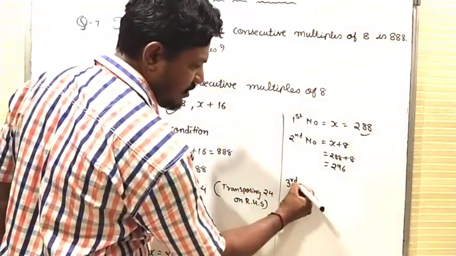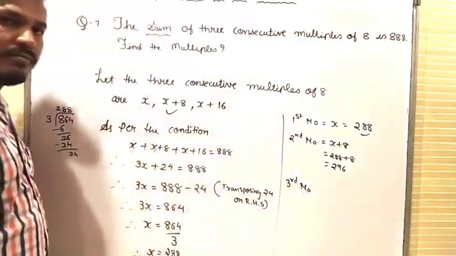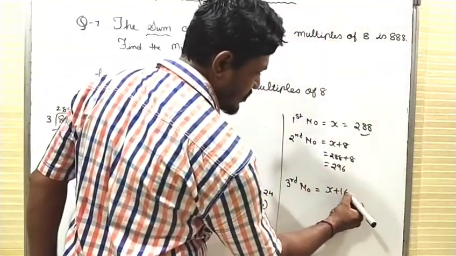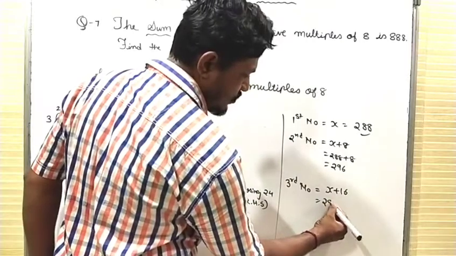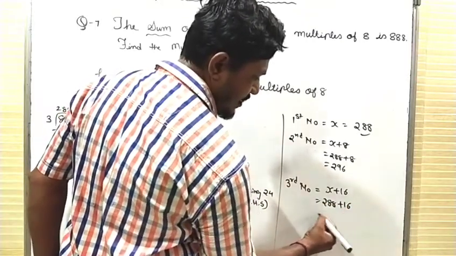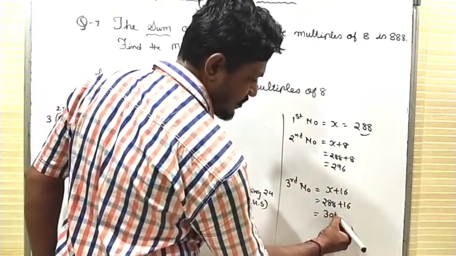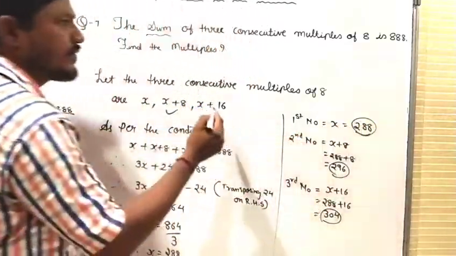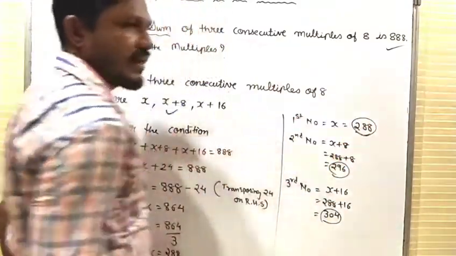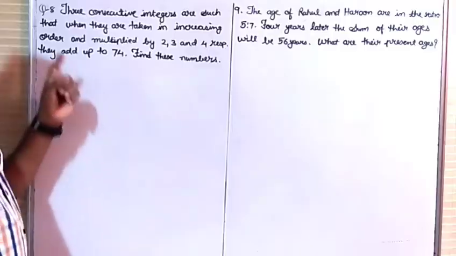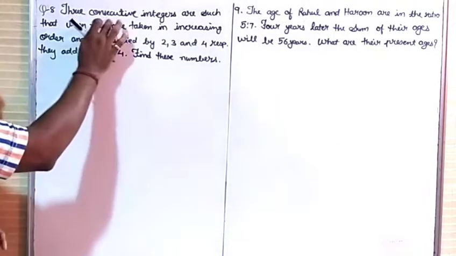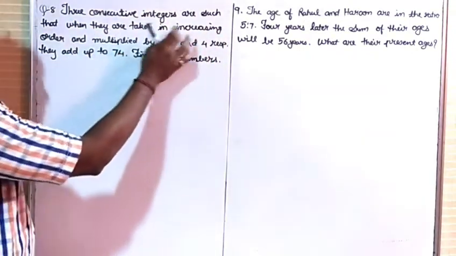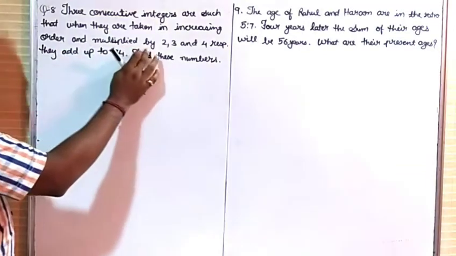And my third consecutive multiple of 8 is x plus 16, that is 288 plus 16. Add it, you will get 304. When you add all these three values, you will get 888.